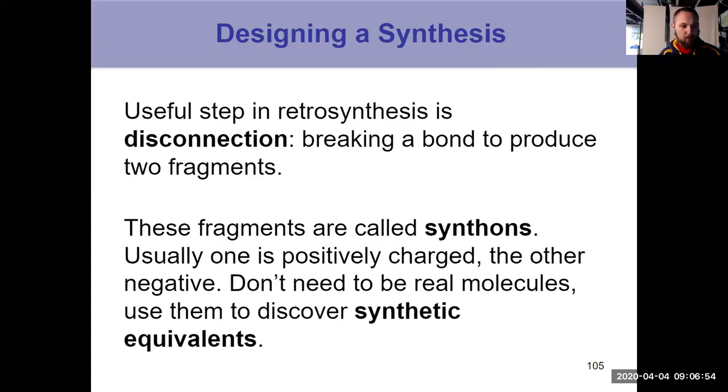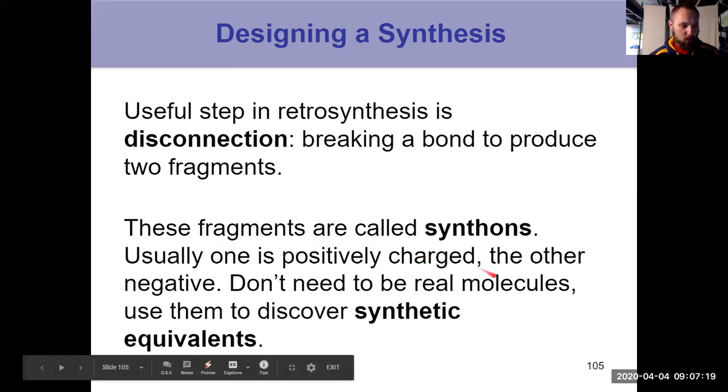When you're breaking a bond, you're just putting the electrons one way. You're breaking it heterolytically, not homolytically. So something's going to end up being positively charged, something else negatively. We don't want two radicals when we break it. So chances are it's not a real molecule, but then you're thinking about other groups that might get it to behave like that. So you're using a synthon, which is a made-up molecule, to discover something that's more real.